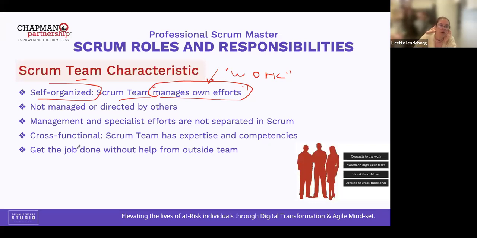So we are not managed or directed by others. That is a no in Scrum. That is in traditional, where we had this guy at the top and the team members at the bottom. That's traditional, right? And this guy was providing instructions or guidance, do this, and assigning tasks. Not anymore. In Scrum, it's not like that.